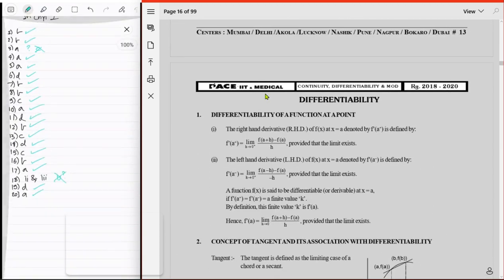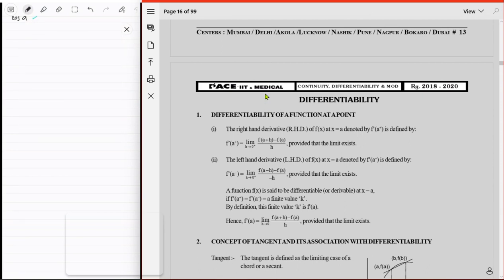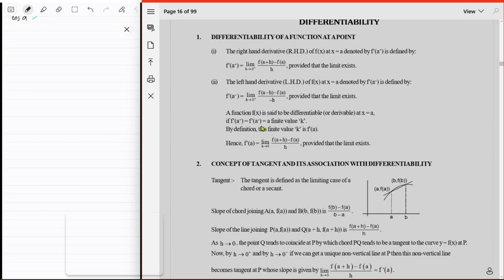Fine. Differentiability. Now we'll get the proper definition. So at a point, the right hand derivative equal to a finite value k, and it's just fine.